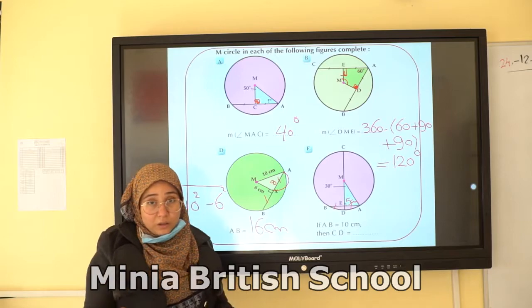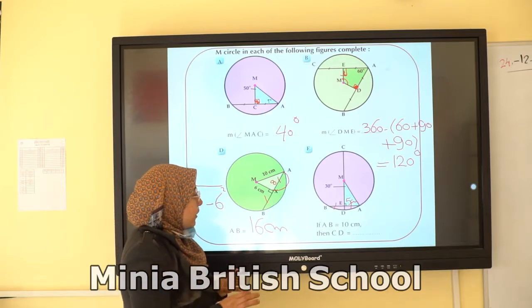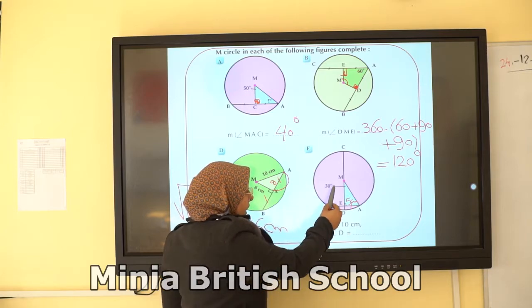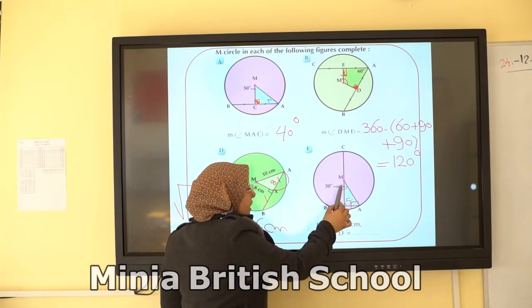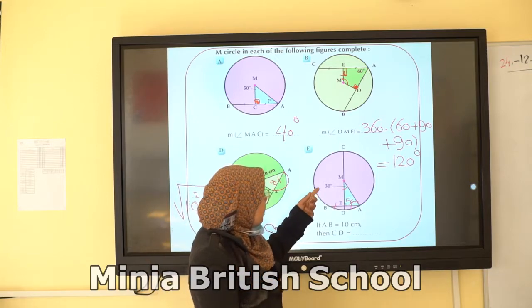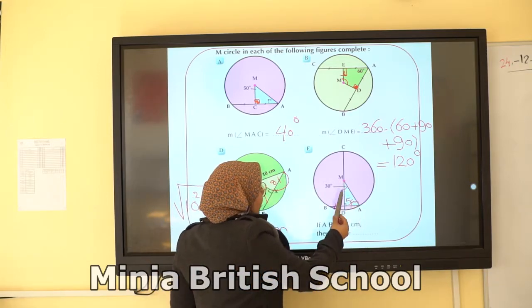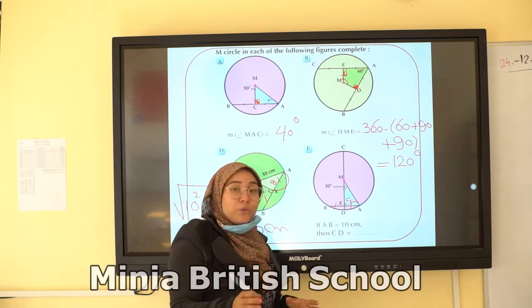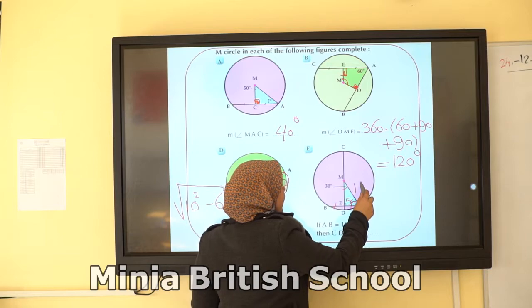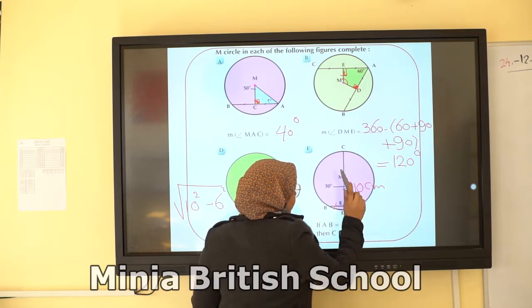And we know the length of the side opposite to the angle of measure 30 equals half the length of the hypotenuse. And here the measure of angle AME equals 30. Therefore, the length of the hypotenuse ME equals 10 centimeters.